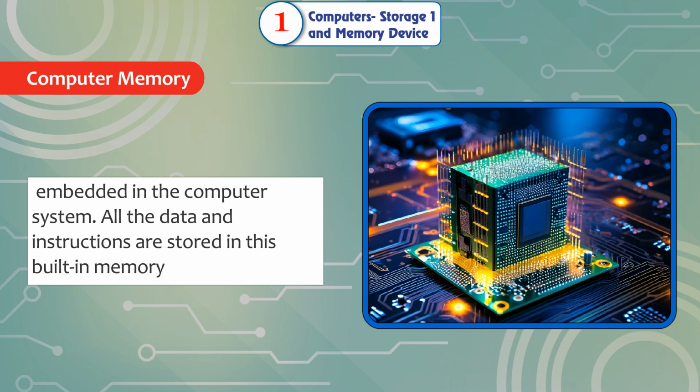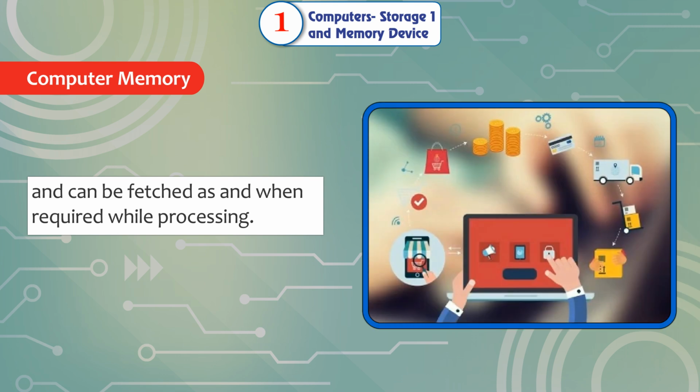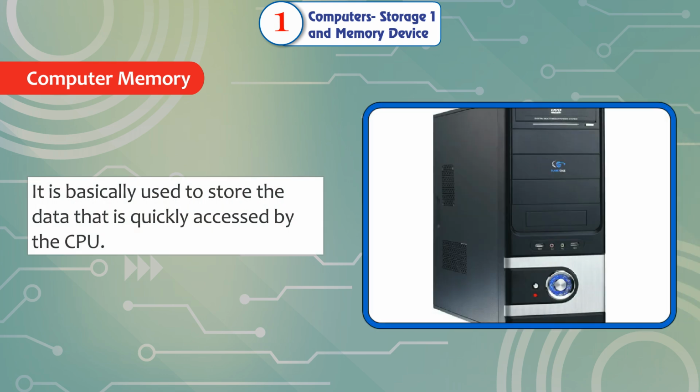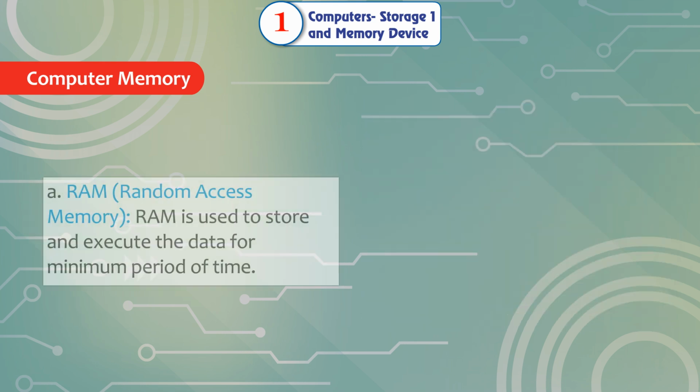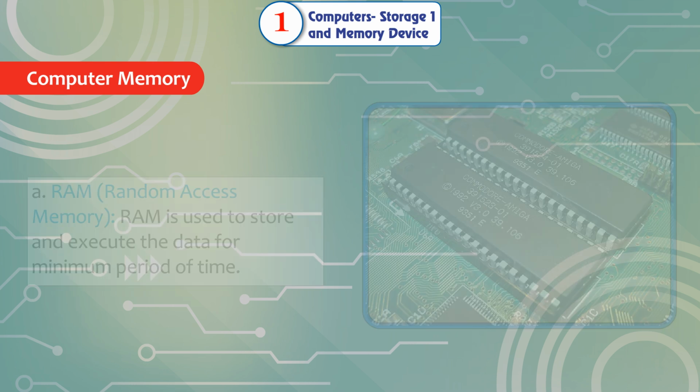All the data and instructions are stored in this built-in memory and can be fetched as and when required while processing. It is basically used to store the data that is quickly accessed by the CPU. It is the working memory of the computer which has less storage capacity as compared to the secondary memory, external memory.